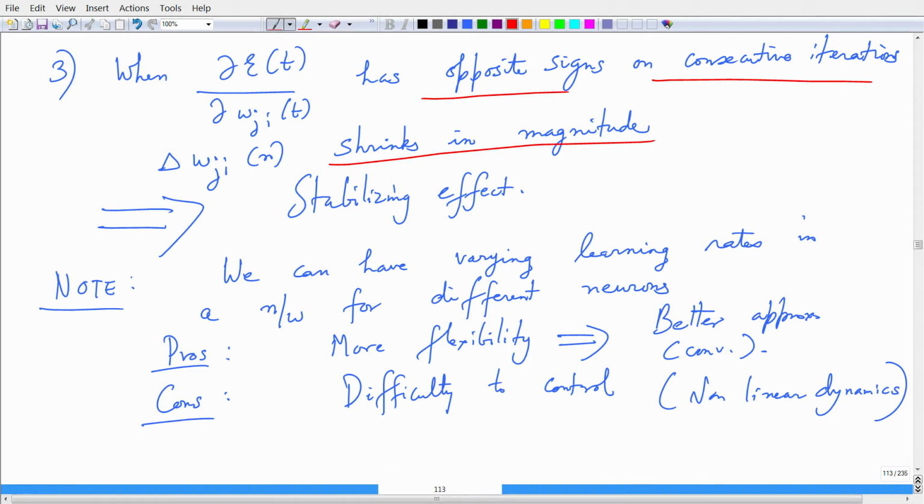We do not know what the sign is when you compute the partial derivative of E with respect to Wji over consecutive iterations. If it is the same sign, you are accumulating mass. If it is opposite signs, you are having a stabilizing effect, because you do not grow that quantity, right, you are sort of balanced.